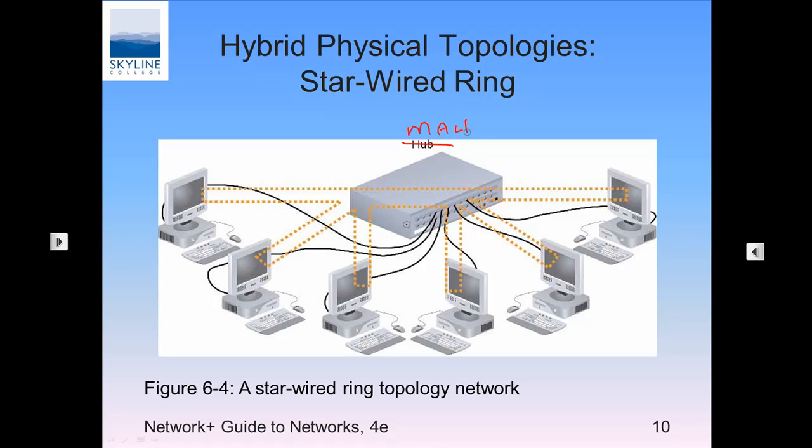How long do you have to wait to get access to the media here on the Ethernet? You don't have to. It just depends on how much traffic's there, right? But isn't the Ethernet usually faster? Up to about 80% network load. Once you get over 80% network load on a true bus, which we don't use because we use switches, and we'll get into those when we talk about switches, how that works.